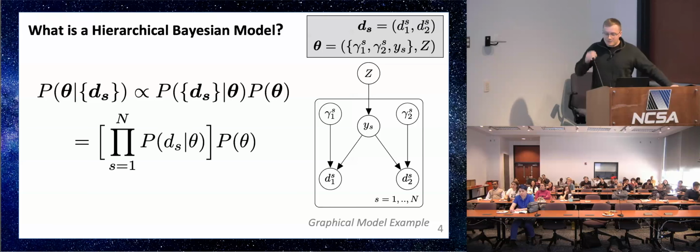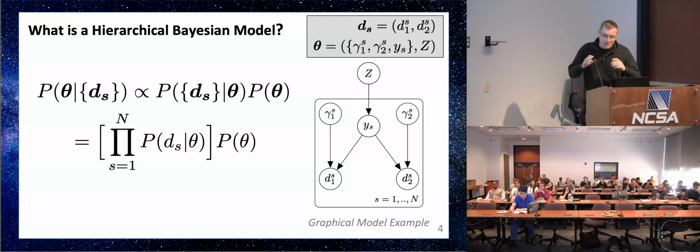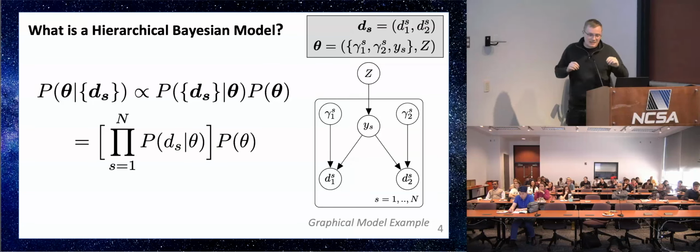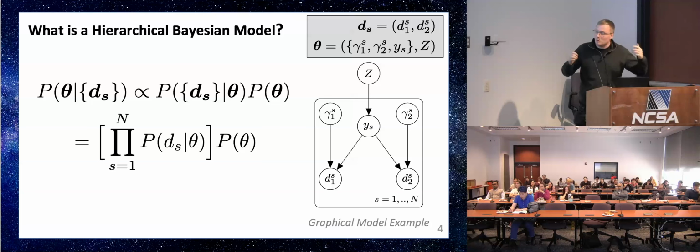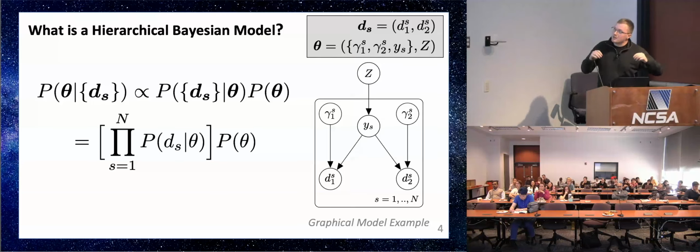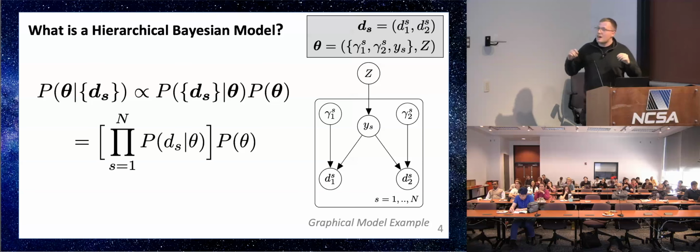A good way to visualize the hierarchy is using a graphical model. So here, you can infer object-level parameters, such as the y parameter, given data 1 and data 2 from an individual object, whilst simultaneously dealing with a nuisance parameter, gamma 1 or gamma 2. But then you can make some powerful inferences on the overall population. So that will be the z parameter here.